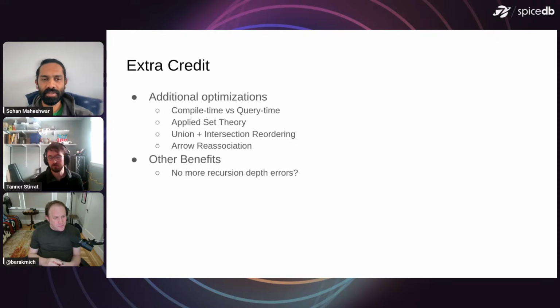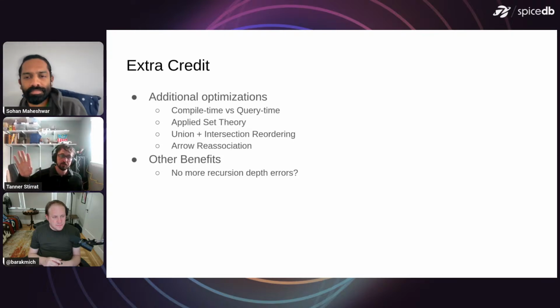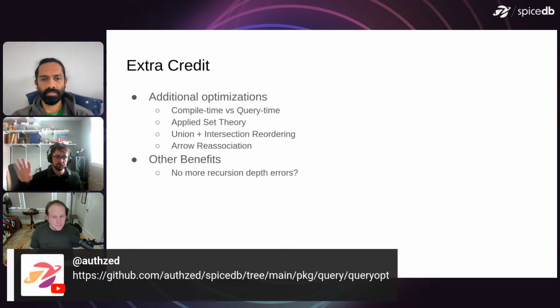Oh yeah, you were asking about additional optimizations. Something I think is interesting is that there are compile time optimizations versus query time optimizations. What we were talking about with which way you should evaluate an arrow, and it depends on the data, that's what I mean by query time optimizations. It's based on observations of the data and what makes more sense to do in that context.